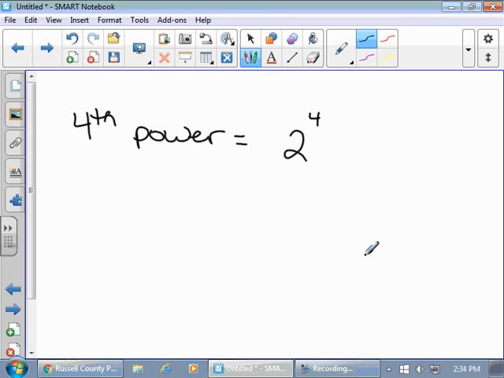The only ones that have special names are squared and cubed. Squared matches with 2, and cubed matches with 3. After that, it's going to say to the 4th power, to the 5th power, to whatever power. Okay? Anybody have a question?